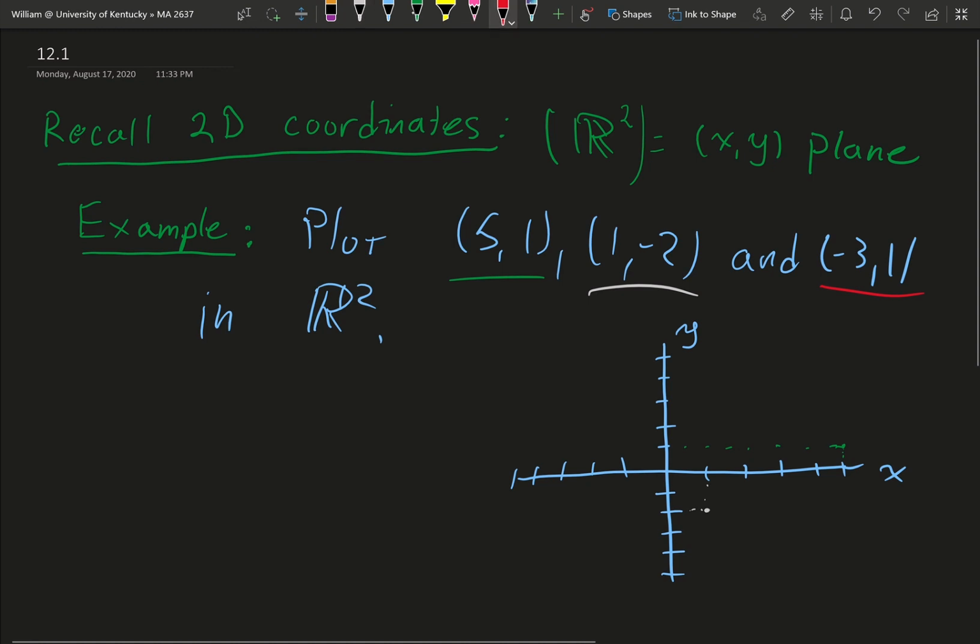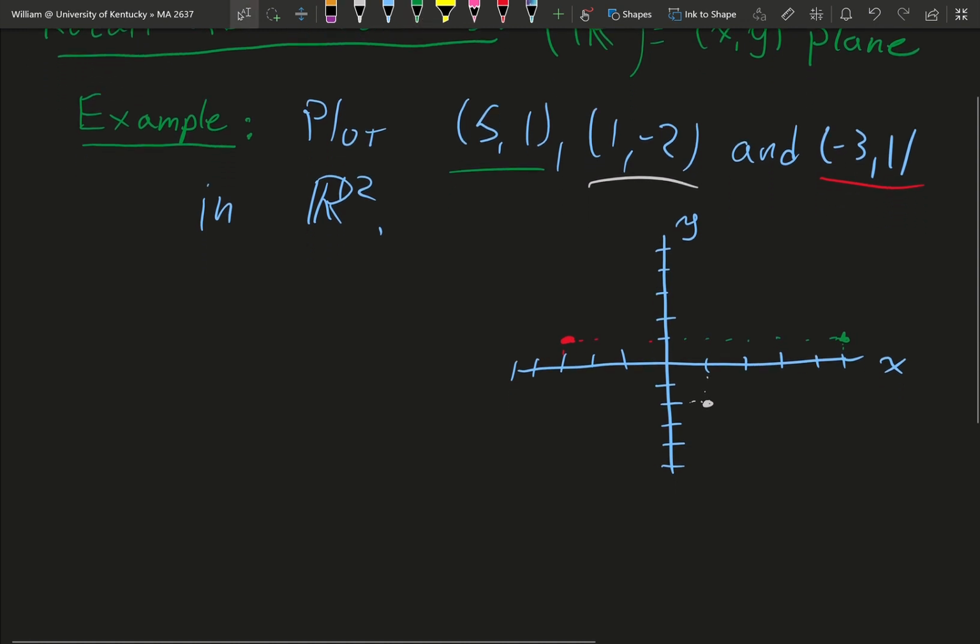And negative 3, so 3 back and 1 up. Okay. So remember, this is how we plot things in a space like this.